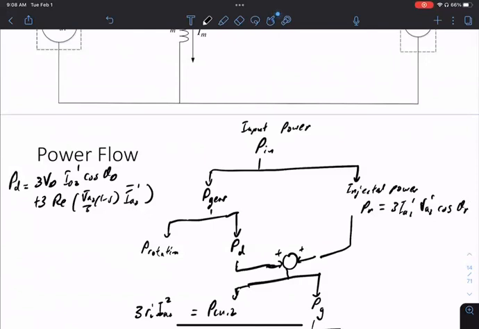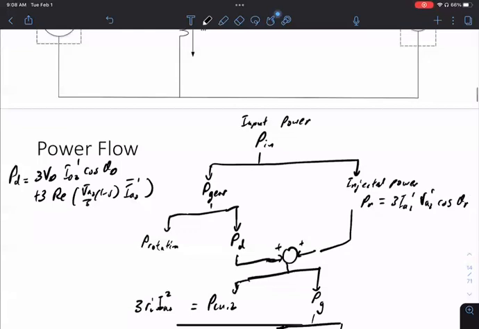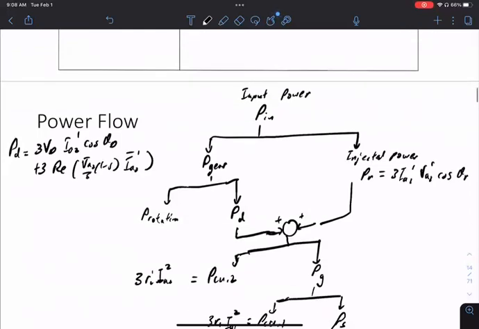All right, so this is our equation. For PD, you can write PD also as, because we know the angle, this developed voltage is always in phase with this current. This is a purely negative resistance, always in phase. So you can write this as minus 3 RD IA2 prime squared.